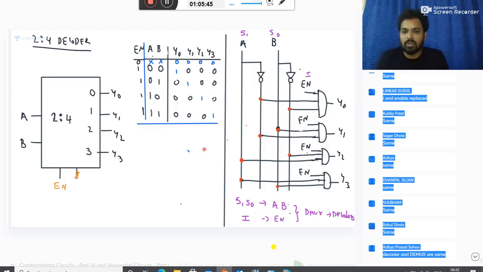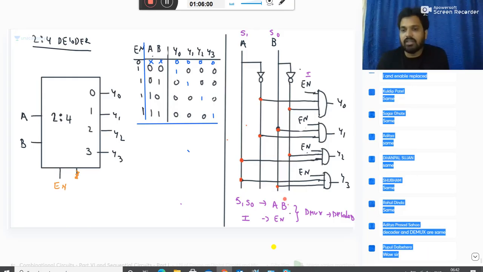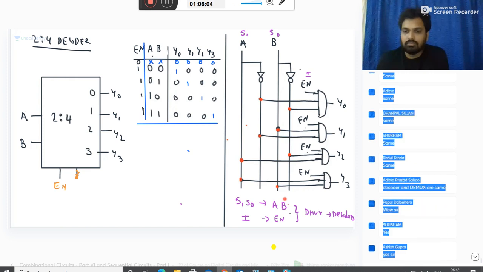DMUX and decoder both are internally the same only. The only difference is their names are different. Only the way you are using is different. Otherwise, it is same. Is it clear, everybody? For binary, at least. Okay, let's move further.